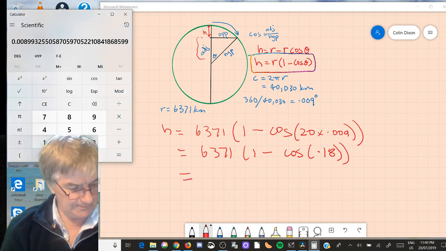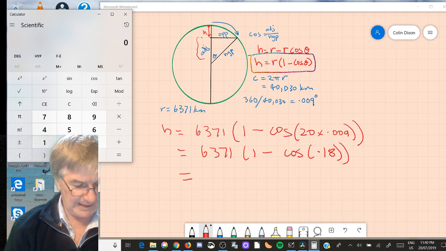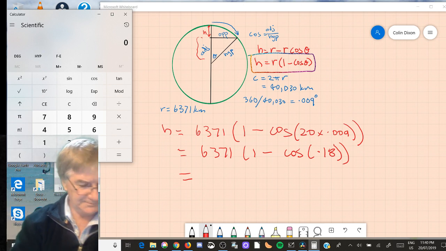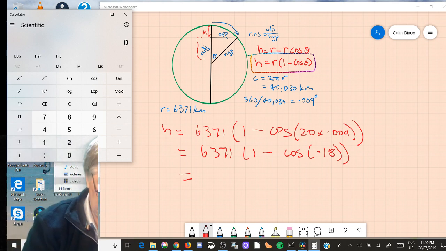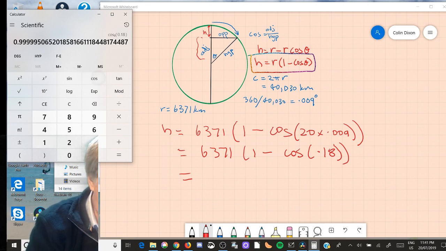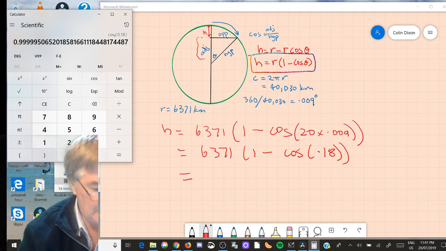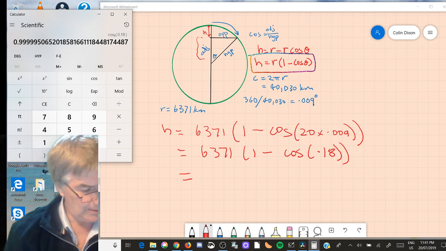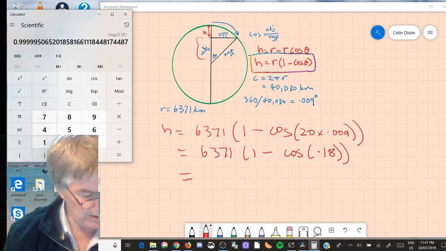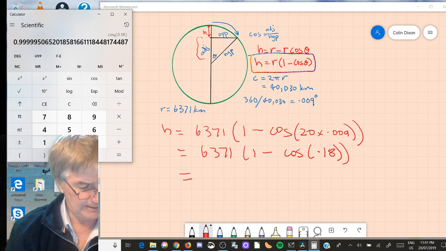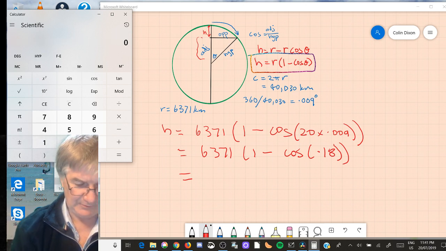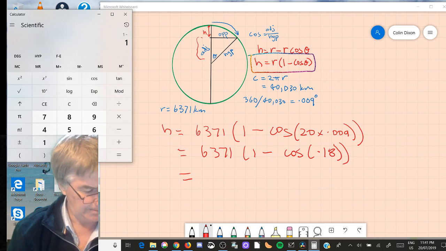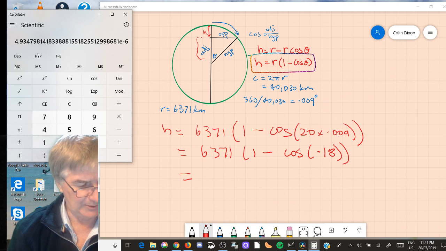Okay, so I'll now put that in the calculator. This is the way we do it on the calculator: 0.18 cos. So we've now got the cos. We now add that to memory and clear. Now we've got to do 1 minus memory recall equals, and we've now got a very small number.